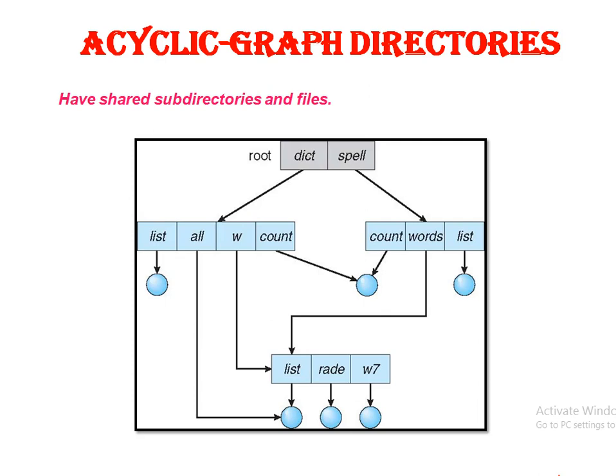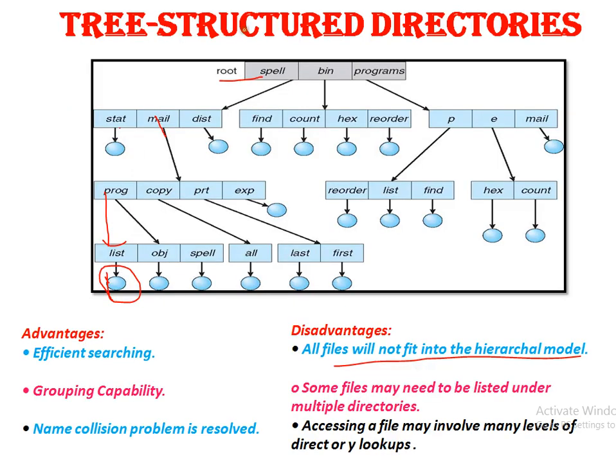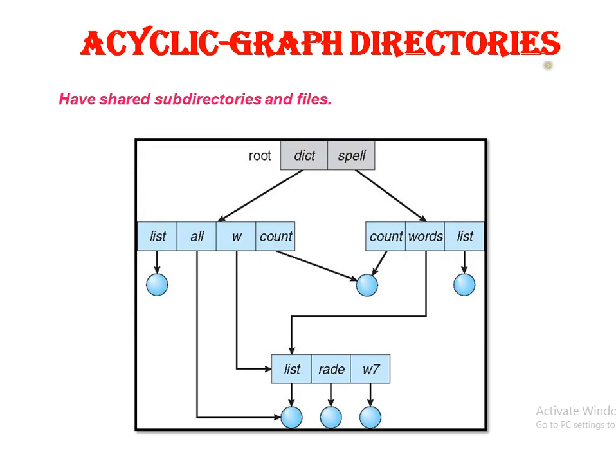Next, acyclic graph directories. What is an acyclic graph directory? An acyclic graph, as the name suggests, is a graph with no cycles. It allows directories to share subdirectories and files.